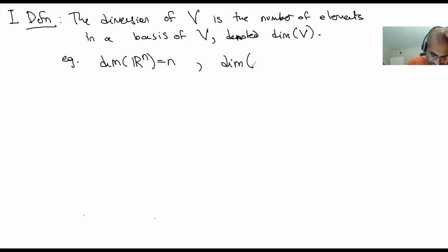The dimension of P2 is 3 because the basis for it has 3 elements.